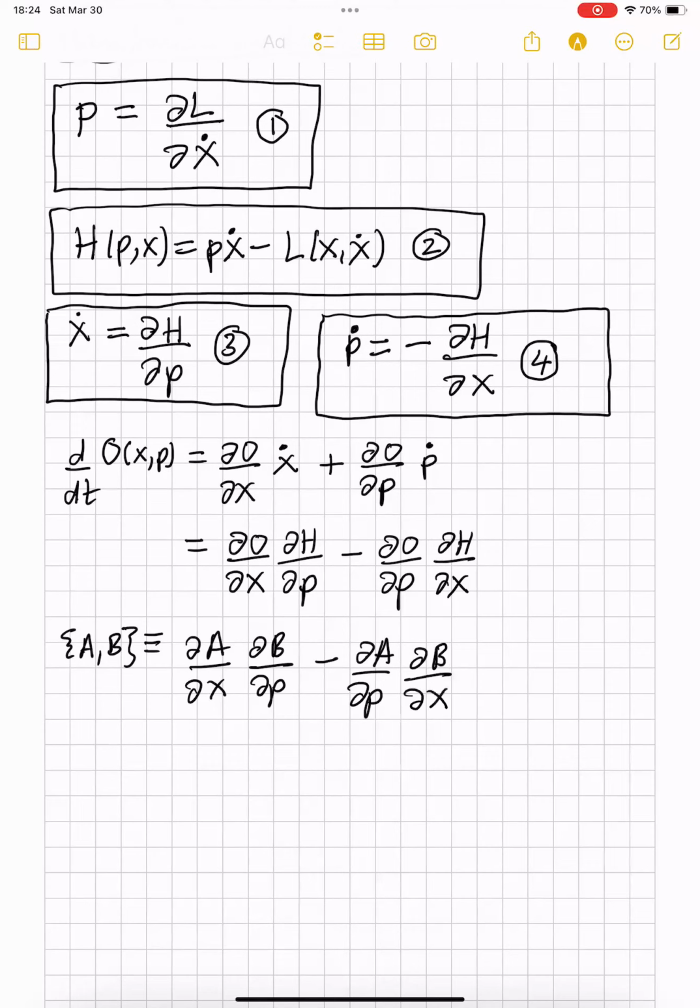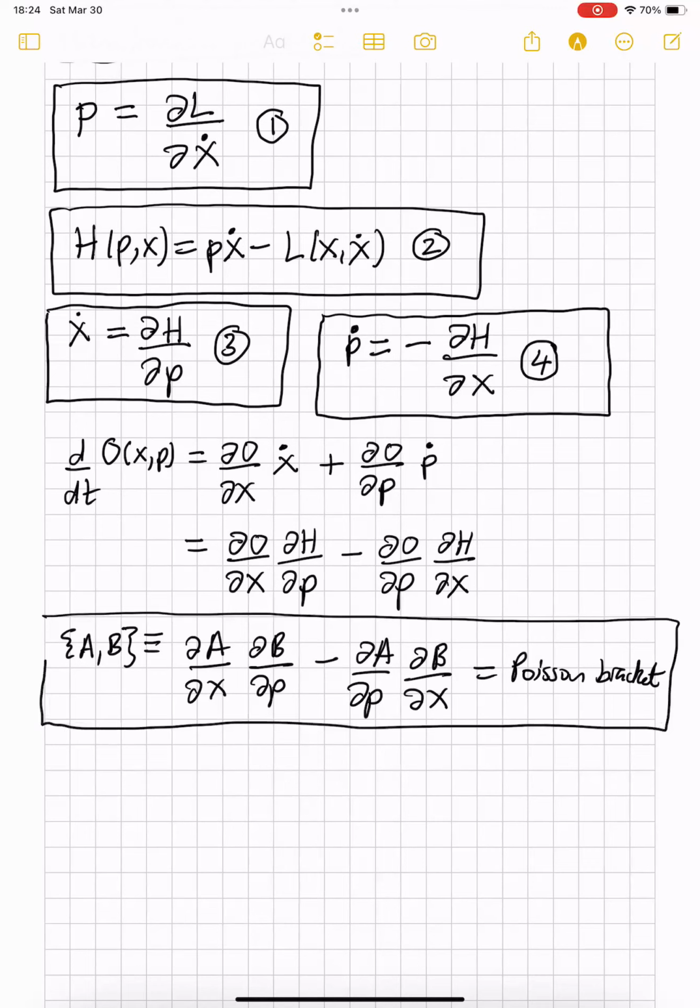And this is called a Poisson bracket. Okay? So this is just a definition of what I mean by a Poisson bracket. And then dO/dt is simply given by the Poisson bracket of O with the Hamiltonian.